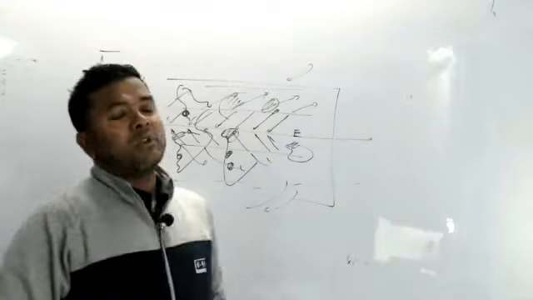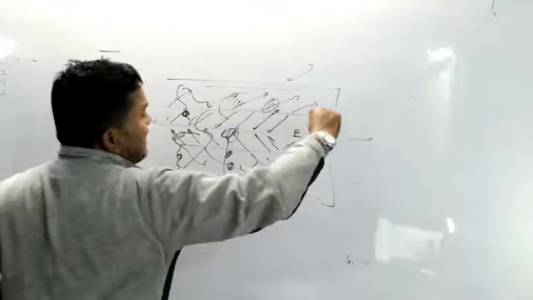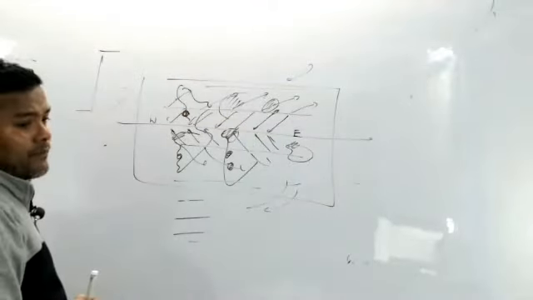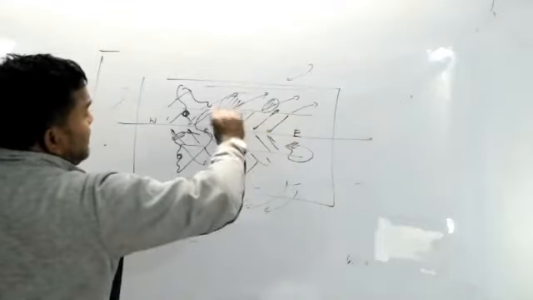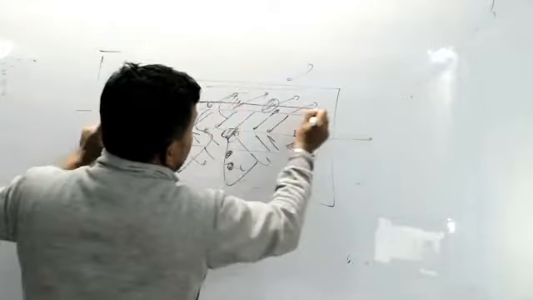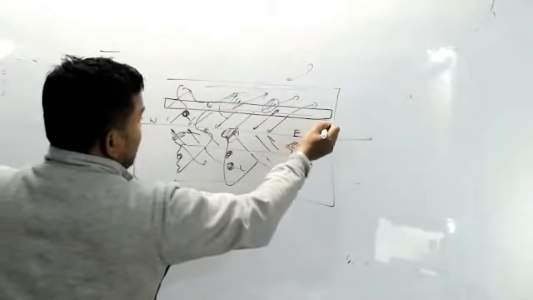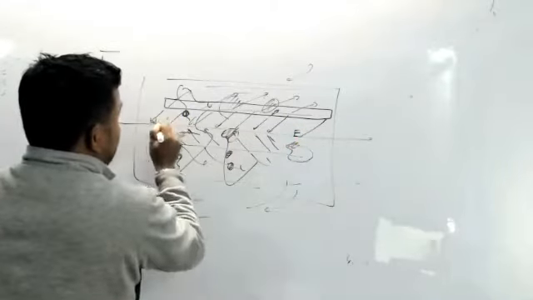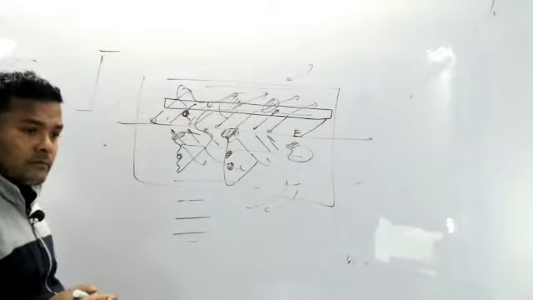Somewhere from 15 to 50 degrees, the area is occupied either by the trade winds or by the westerlies. Some part is occupied by westerlies and some part by trade winds.